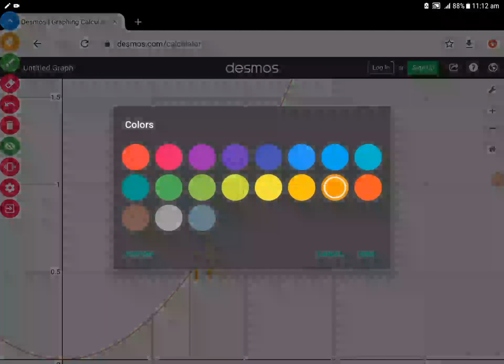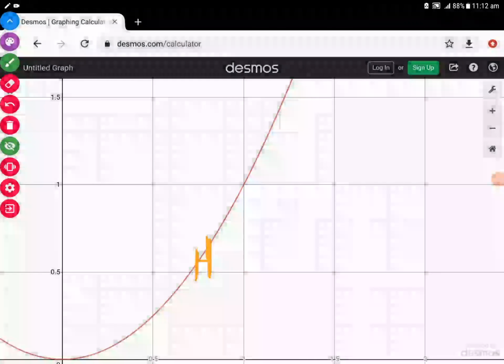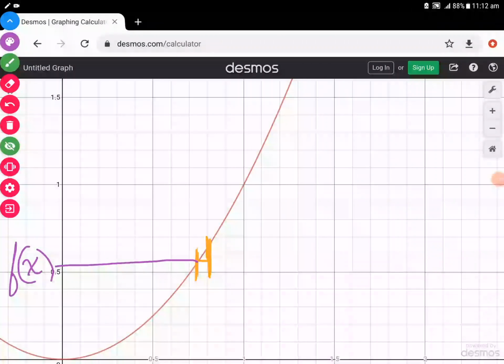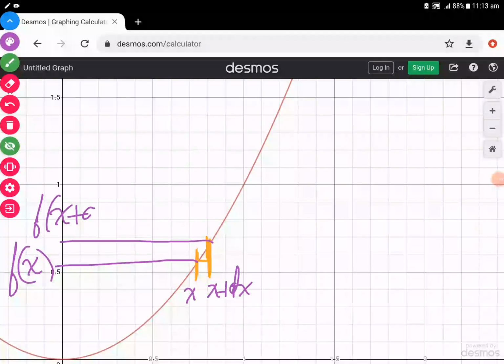Now what I do is I take the output at t. Instead of s I can write this is my f of t, or f of x in this case. Suppose this is my x, and this is my x plus dx, then this output will be f of x plus dx.